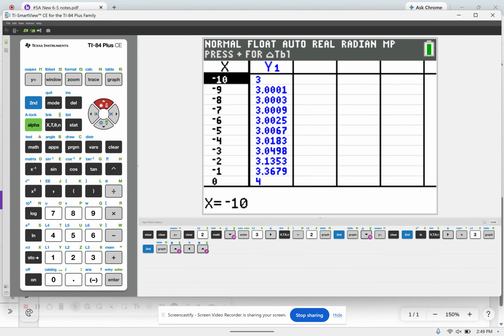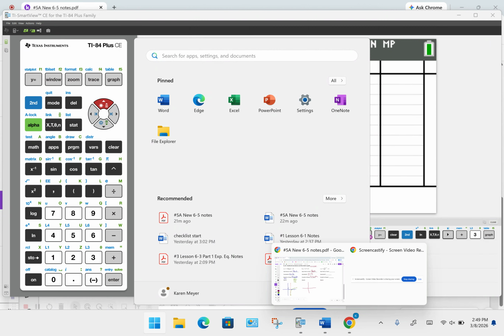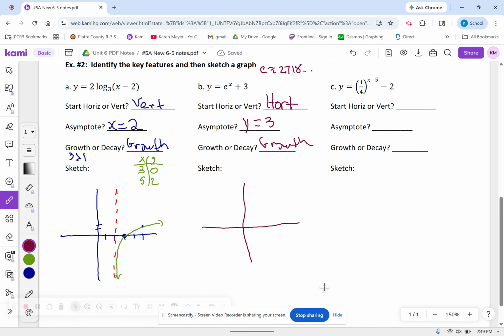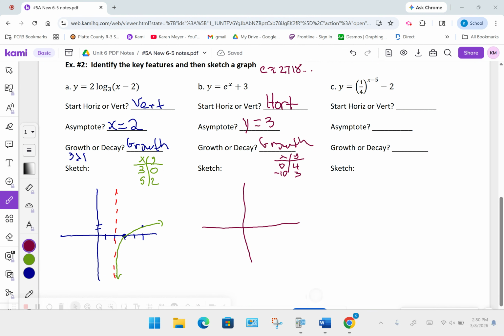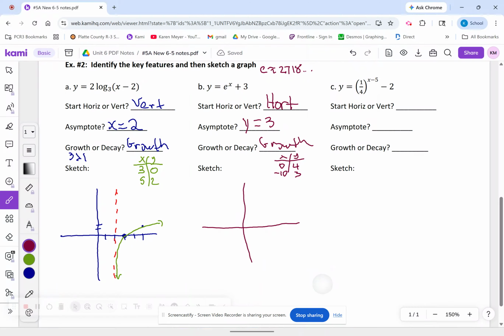So (0, 4) and (-10, 3). So I'm going to put these up here. Let me just double check that and make sure that was right. (0, 4), (-10, 3).